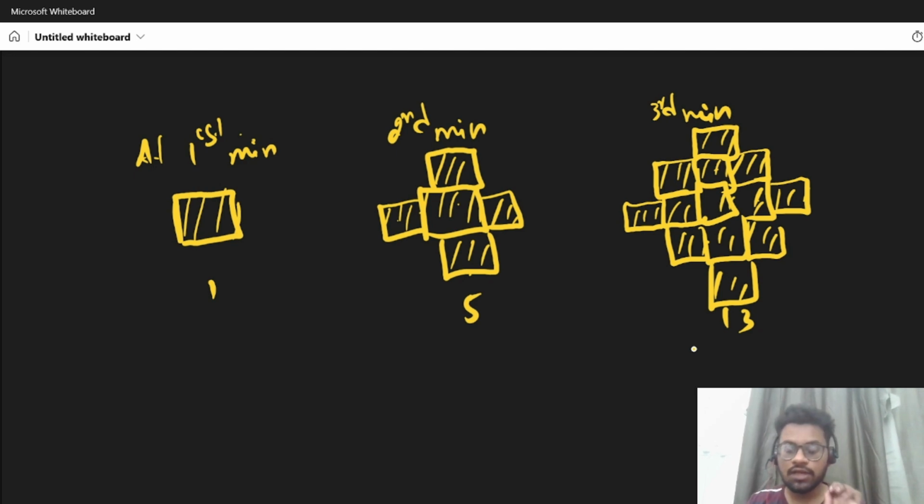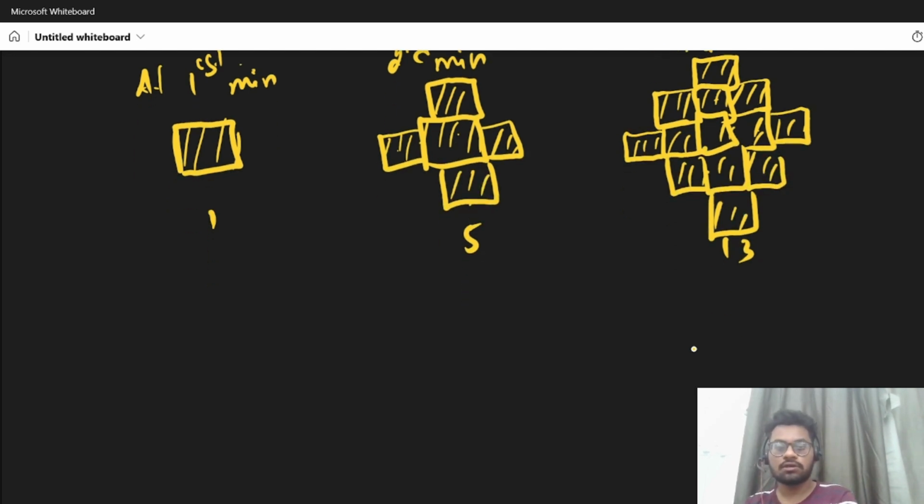If you carefully observe the pattern, at the first minute it was just 1. In the next iteration, it was 1 plus 4, so we are counting the first minute cell along with the four other cells in this minute.